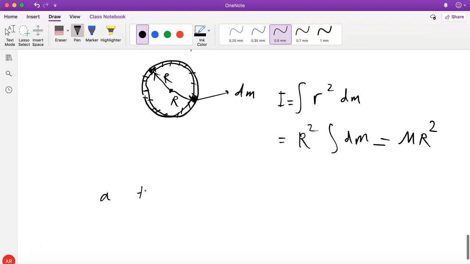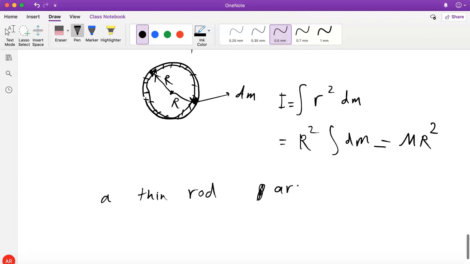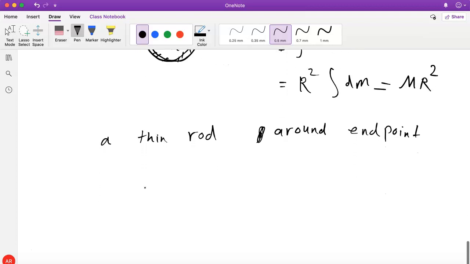So let's say a thin rod around an endpoint. So that's my rod. This is the axis. Again, imagine it's coming out of the plane. You can rotate like that around that axis. All right, so again, it's the same strategy.